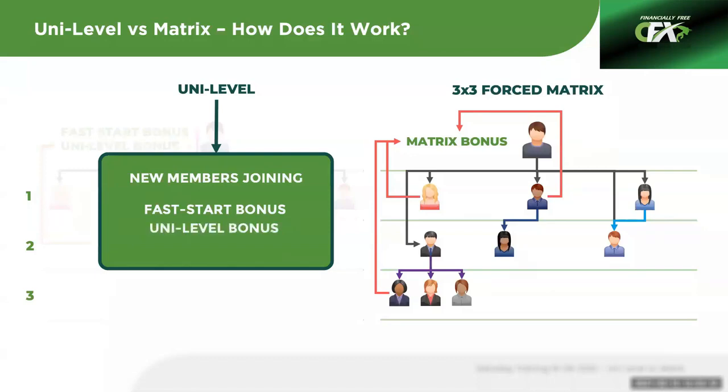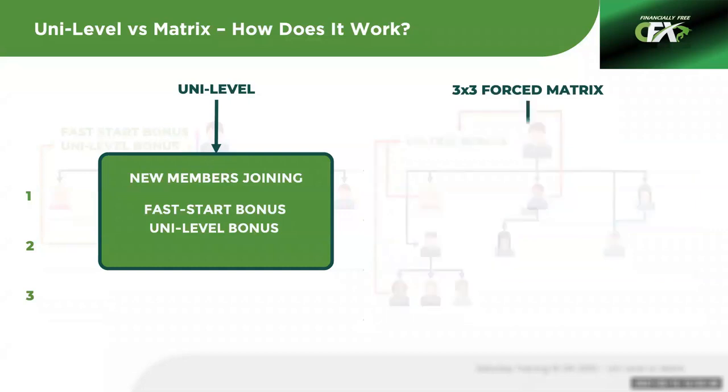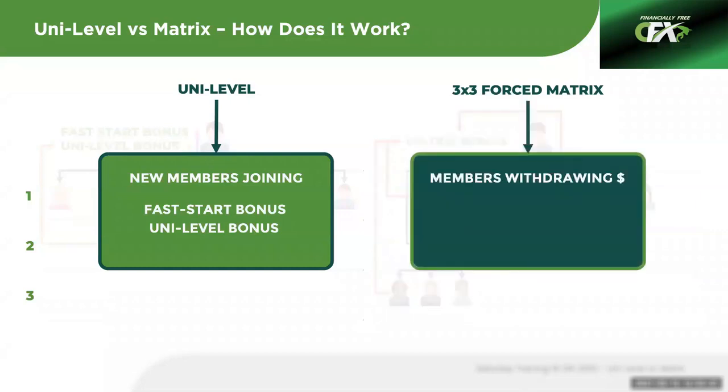The force matrix is all about members withdrawing money. Nothing happens in the matrix until somebody withdraws some money. As soon as somebody withdraws some money, you get the matrix bonus. And if that person is personal to you, there's also a matrix matching bonus, which I won't go into. You can read about that. So, a simple way to remember it.